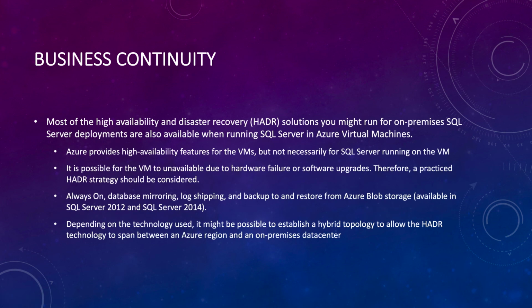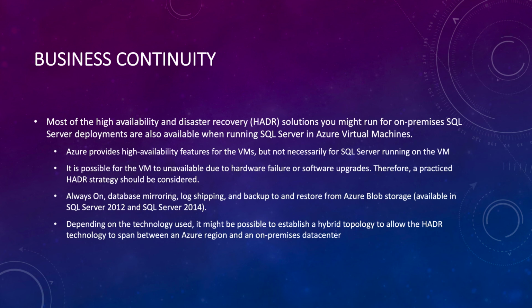Most of the high availability and disaster recovery, or HADR, solutions you might run for on-premises SQL Server deployments are also available when running SQL Server in Azure virtual machines. But why do you need to be concerned about HADR for SQL Server in Azure virtual machines? As discussed before, Azure provides high availability features for the virtual machines, but not necessarily for SQL Server running on that virtual machine.